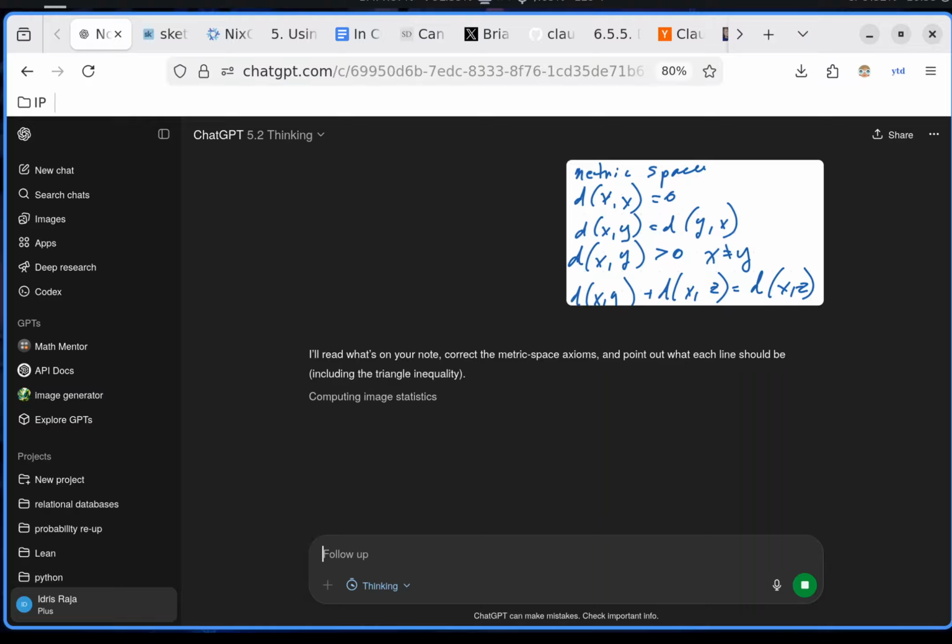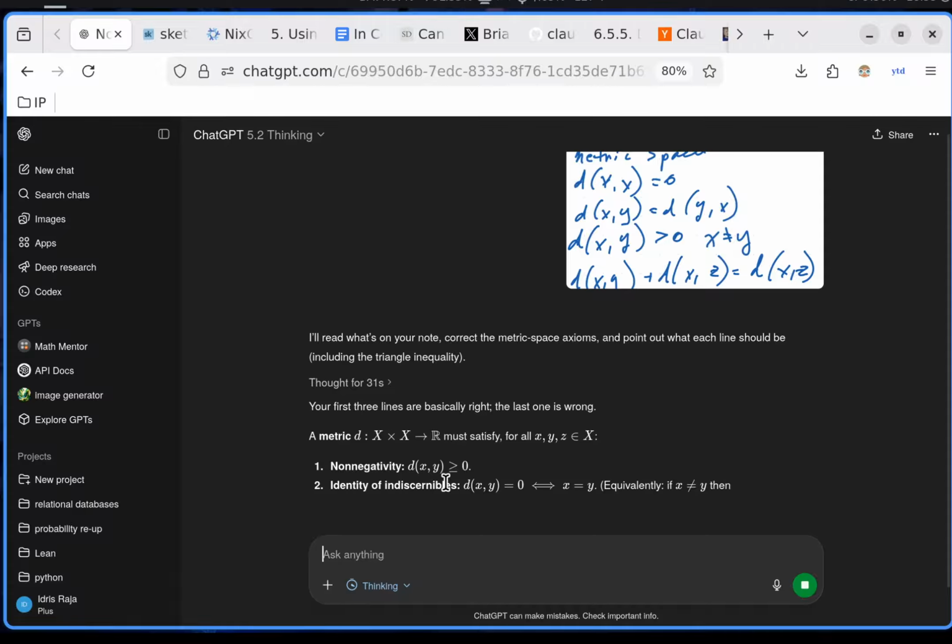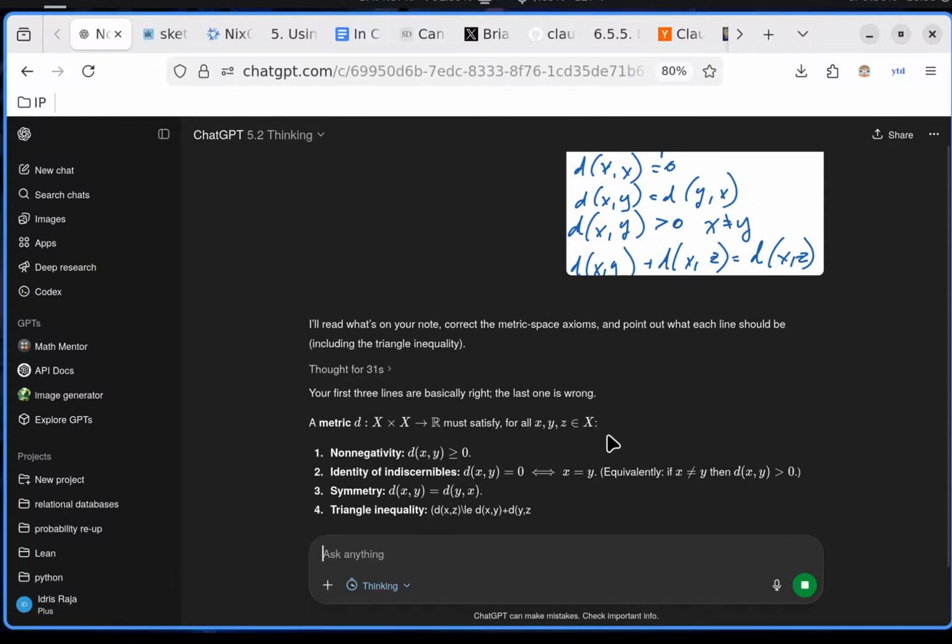Okay, thinking that those are the metric space axioms. Basically right. Greater than 0.